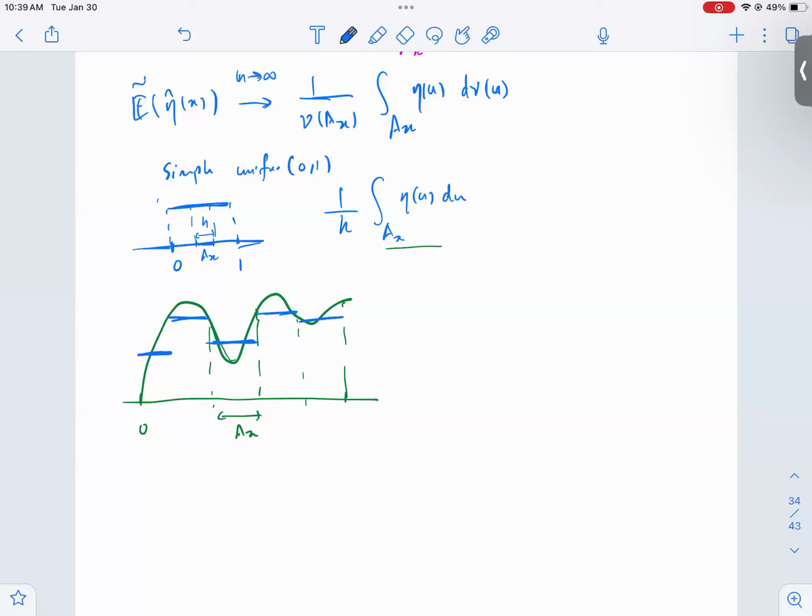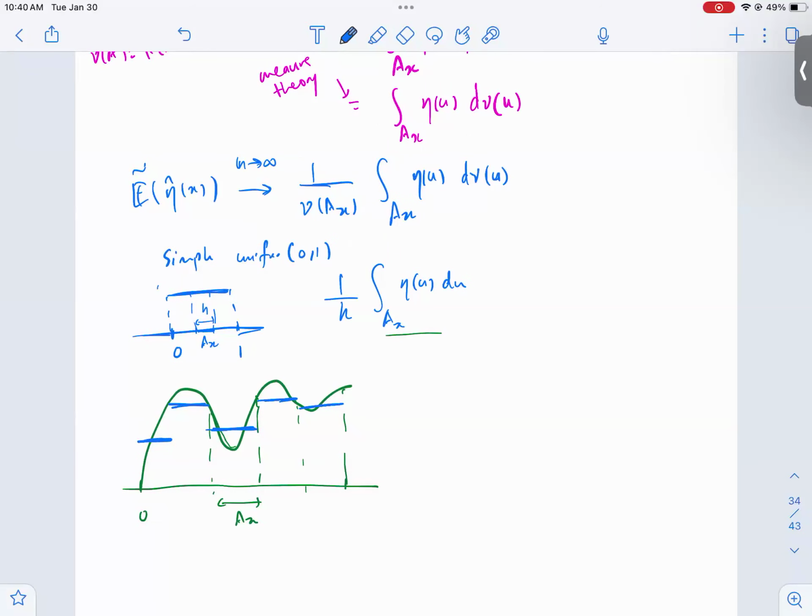It's going to be centered around this, but it's also going to go up and down. The up and down is by the variance. What you're computing here is the mean, so the mean is going to be this piecewise constant function. So the bias is approximately 1 over h, and eta(x) is piecewise constant.